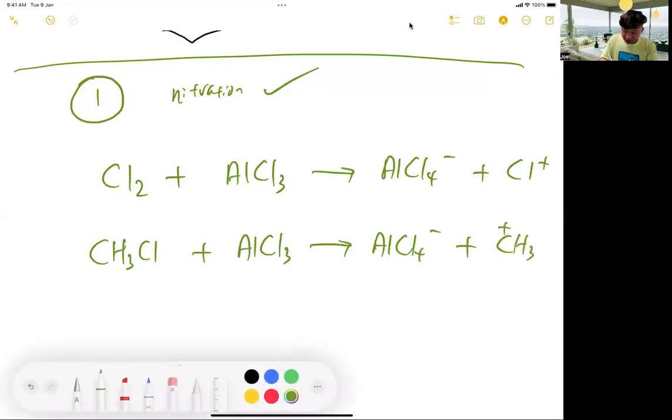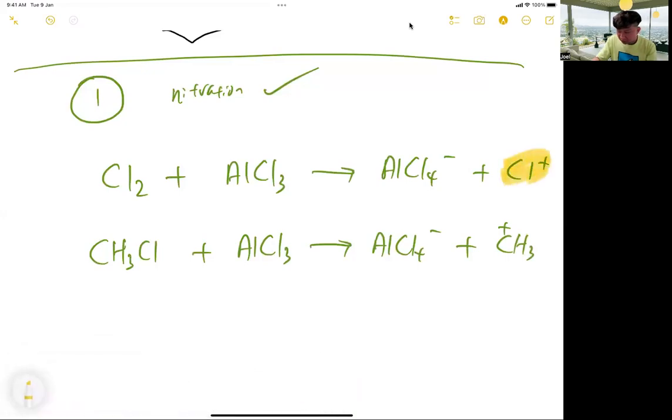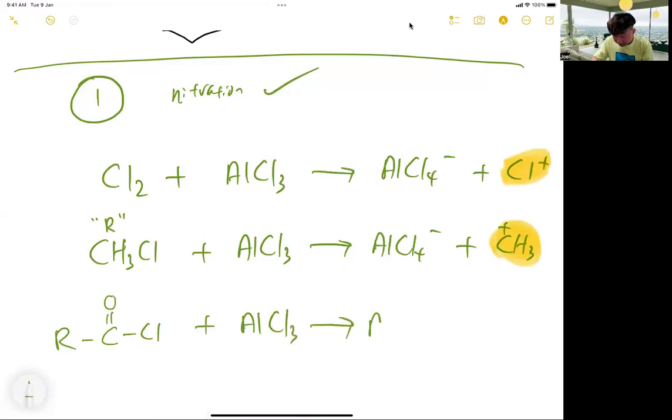So the concern is your electrophile. You need to generate this plus species. And the last variation is acylation with COCl, an acyl chloride. This R group can be anything, not only CH3.